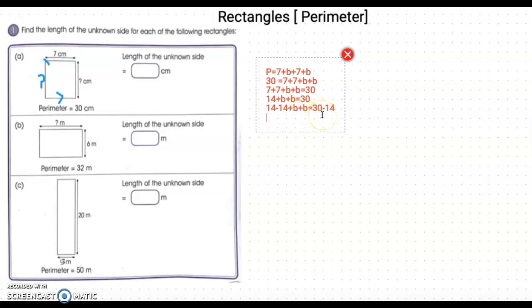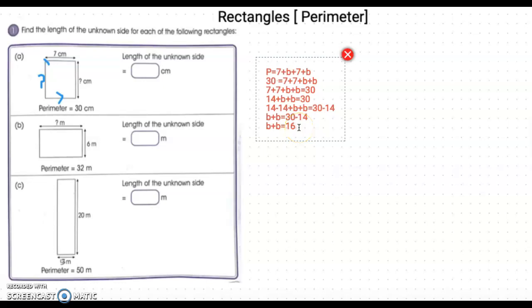So I will remain with B plus B equal to 30 minus 14, which is 16, right? So now you know that 2B is 16.